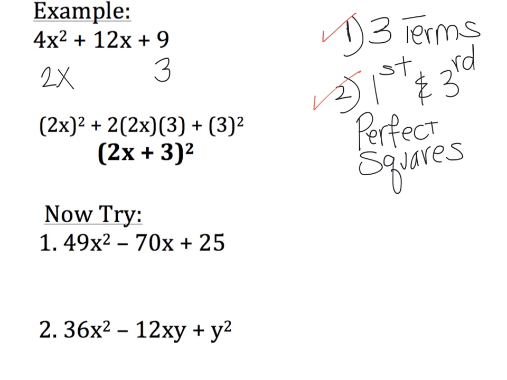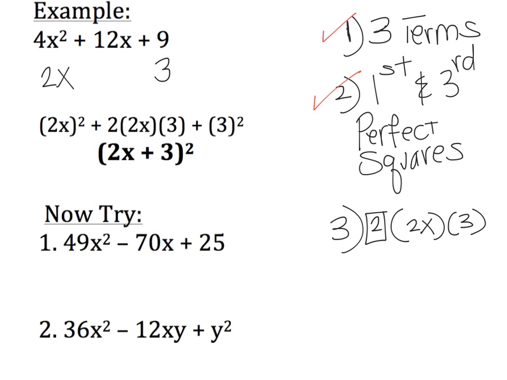Now the third thing I need to check for is, what if I multiply 2x times 3? That's a 6x. So if I multiply 2x by 3 and 2, I need to double it.